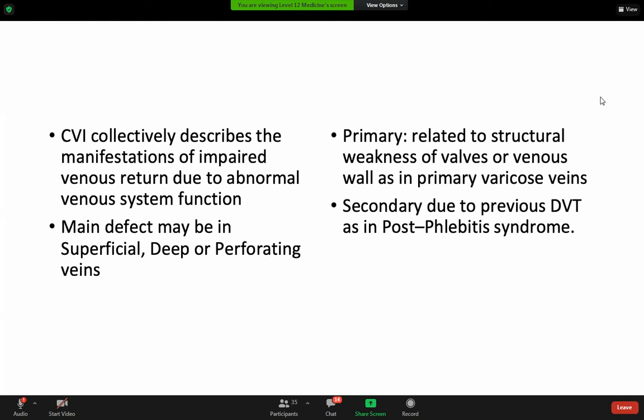So لما يصير في DVT, most of the DVT, the chronic thrombus will destroy the valve, the deep venous valve, and then يكون حتى لما تروح الثرومبس, if the DVT goes away, the valve will be destroyed, and then يكون عندي reflux. عشان كذا احنا نسمي اللي صار عندهم DVT and then they get venous insufficiency, we call them post-phlebitis syndrome.